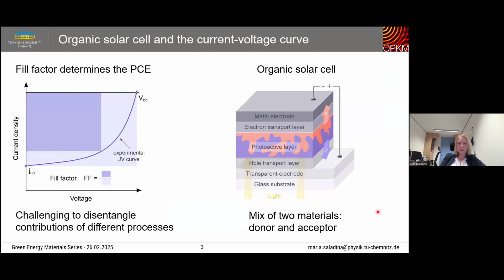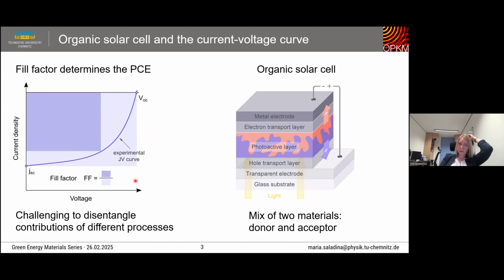The solar cell itself consists of donor and acceptor, so at least two materials, at least classically, sandwiched between transport layers and electrodes. To assess the performance, we usually measure the JV curve to extract open circuit voltage, short circuit current, and the fill factor, which all in all determine the power conversion efficiency.